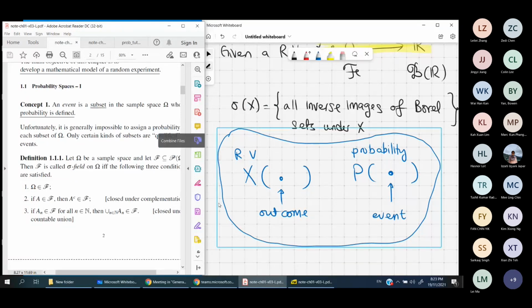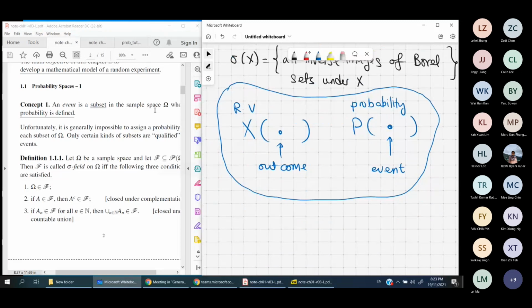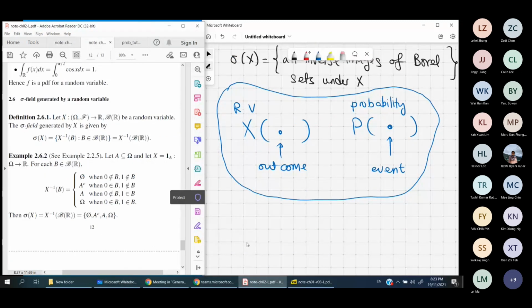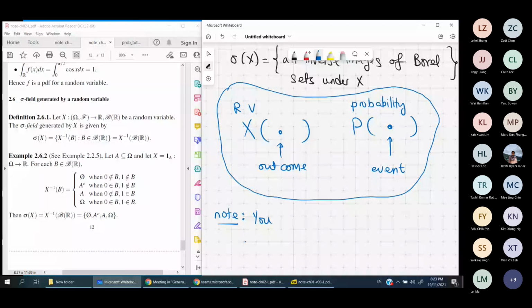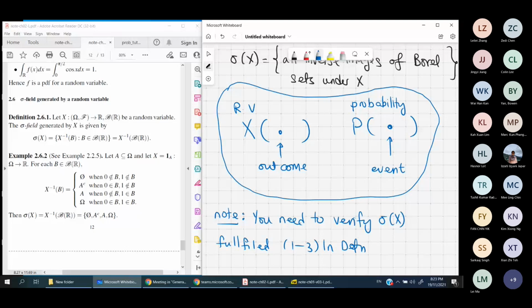Okay, so again, a note. You need to verify sigma X fulfills the axioms 1 to 3 in Definition 1.1.1.